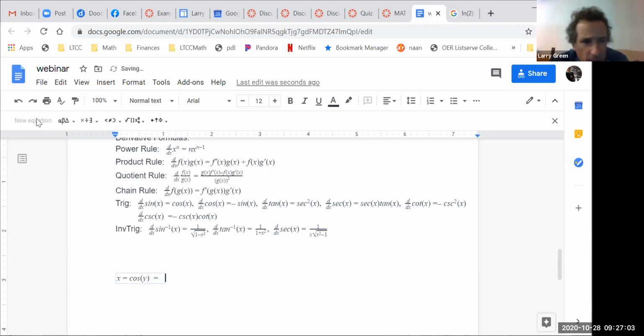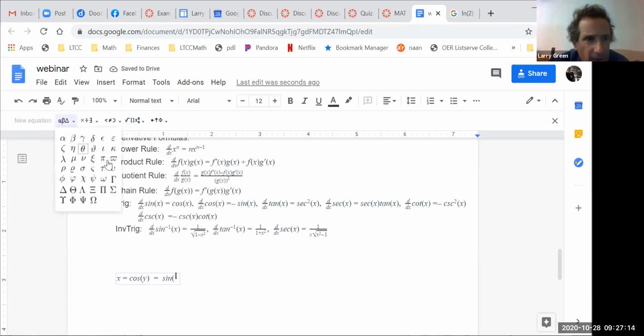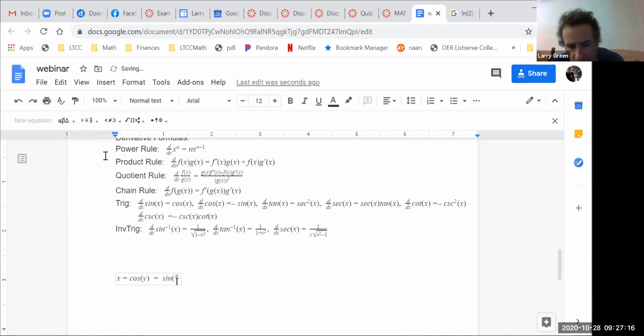But the cosine of y is going to be the sine of pi over 2 minus y. Okay, that's actually called the complementary angle, and that works for every co. Any questions so far?